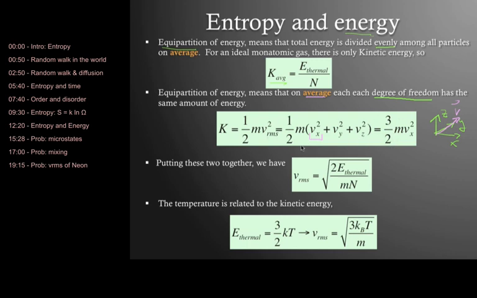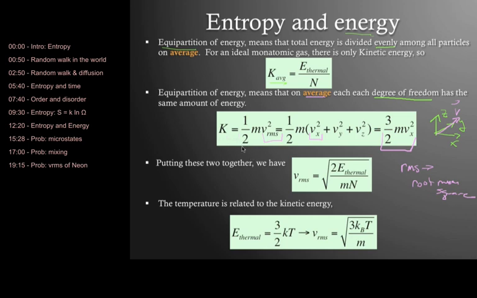So then we can look at this 3/2 mv squared for just one element, or this v_rms. RMS means root mean squared.